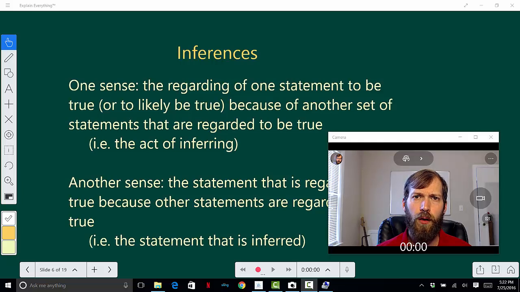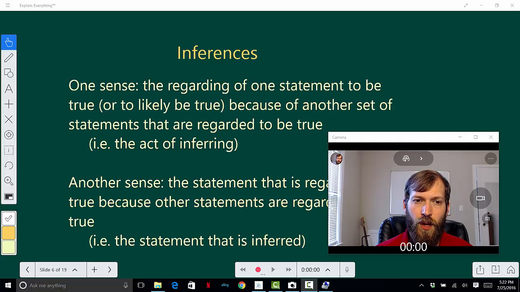It'll be worthwhile, I think, for you to compare the definitions that I give versus the definition that the textbook gives. So I think we use the word inference in two different ways. In this first sense, it's the regarding of one statement to be true or likely to be true because of another set of statements that are regarded to be true.